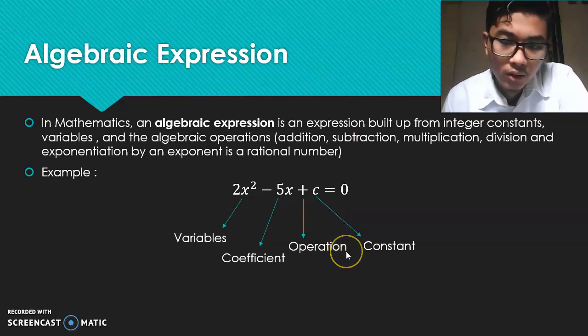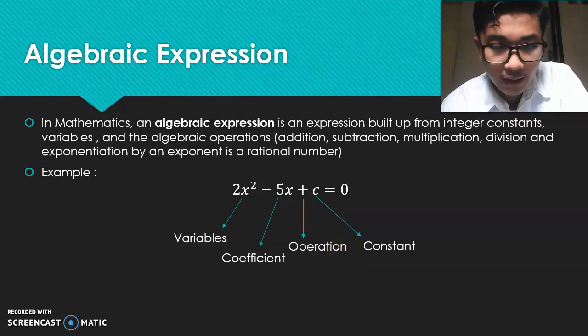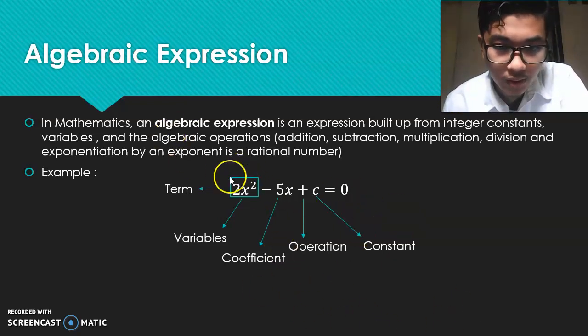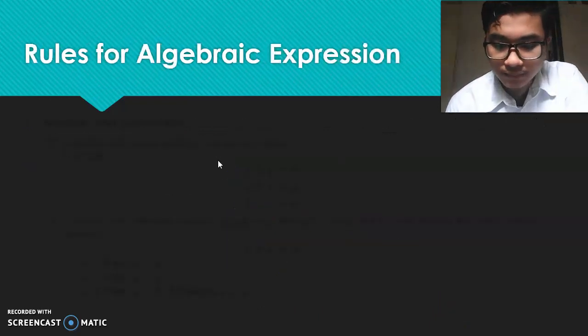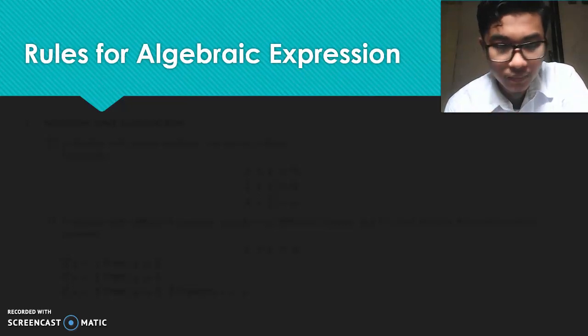The constant c is always a number without variables, so we call it a constant. And this is a term, this is a term, and this is a term. Three or four terms. Now there's a rule when you want to solve an algebraic expression.